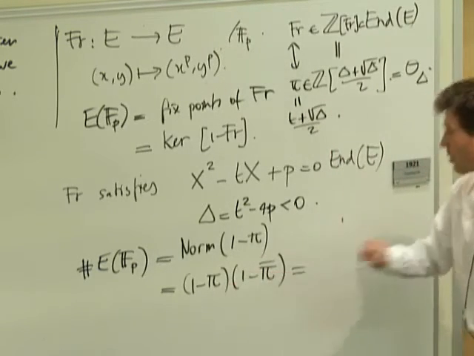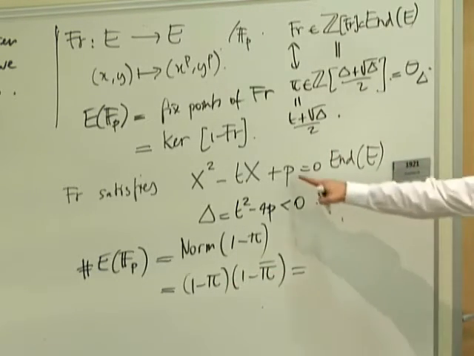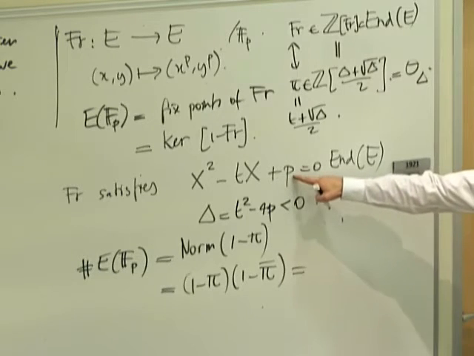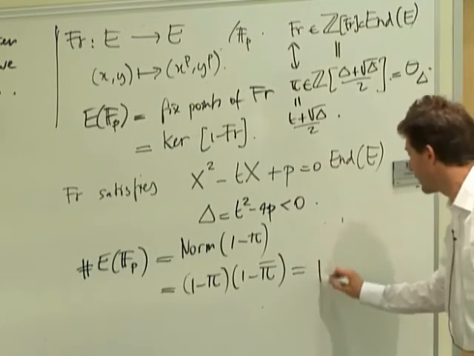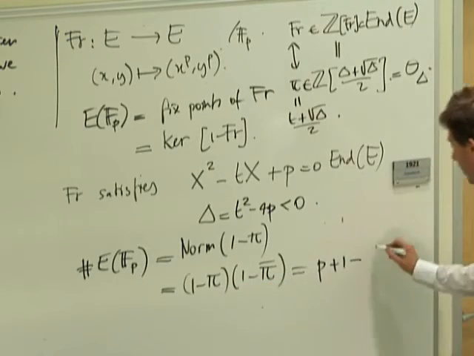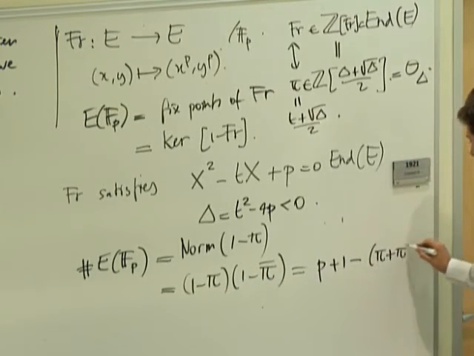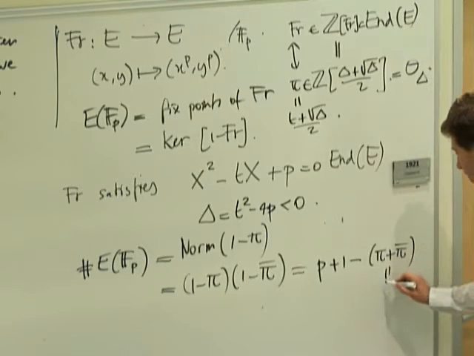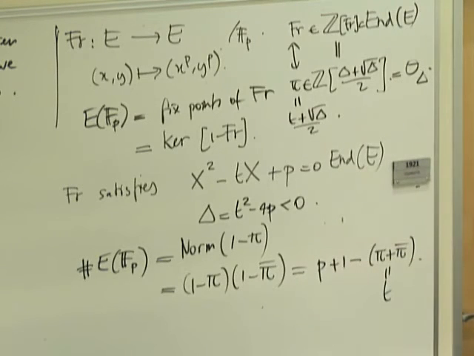And pi times pi bar is p, as you see. Here's the product of the two roots of the quadratic polynomial, so you'll find p plus 1 minus (pi plus pi bar), and pi plus pi bar, that's the integer t, called the trace of Frobenius, the trace of the quadratic integer pi.